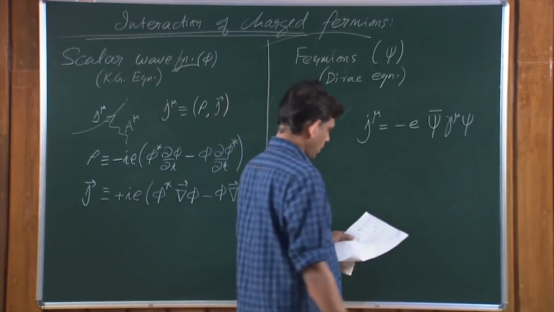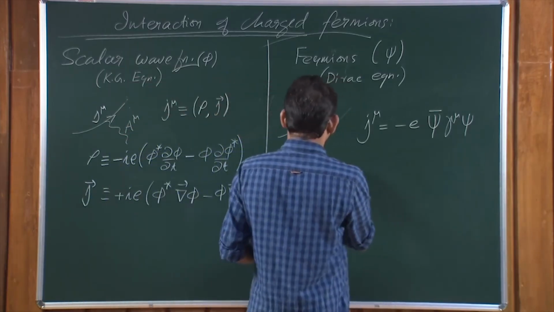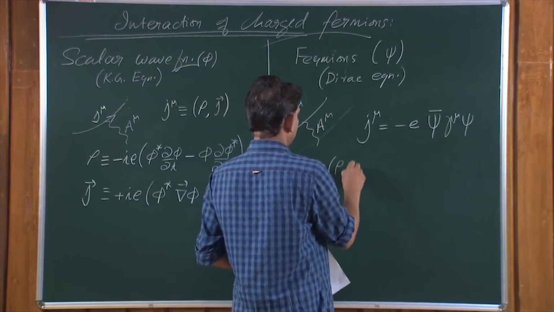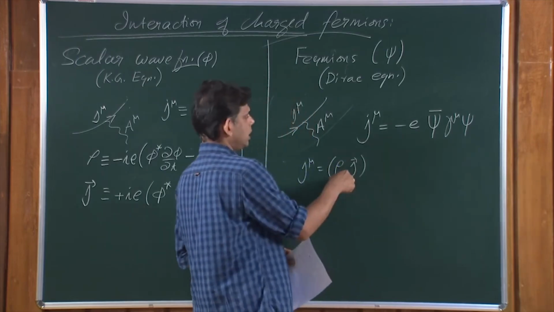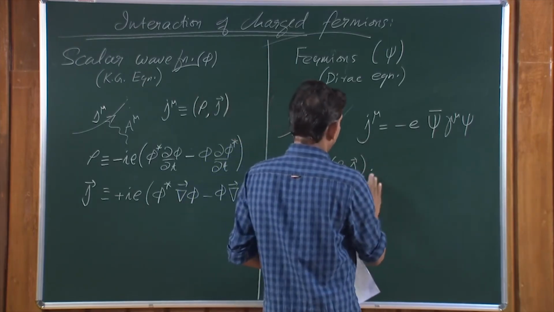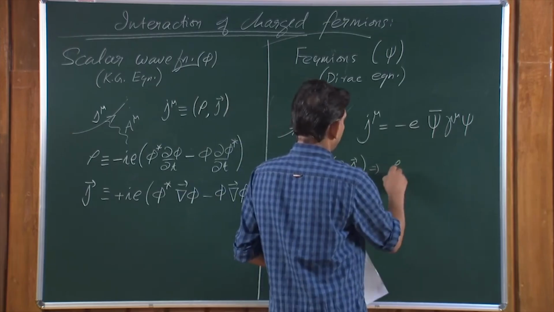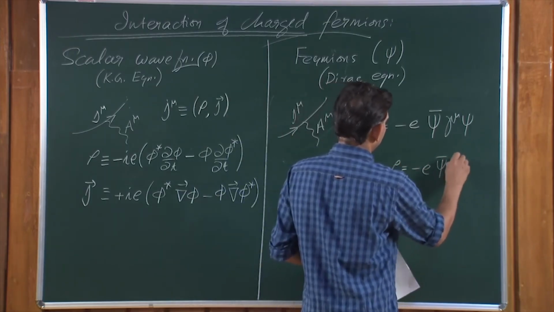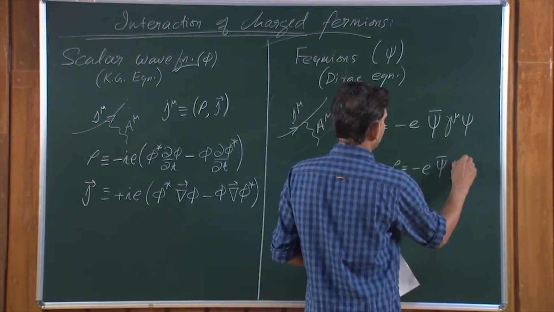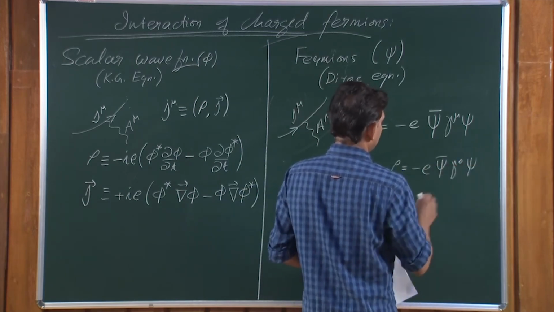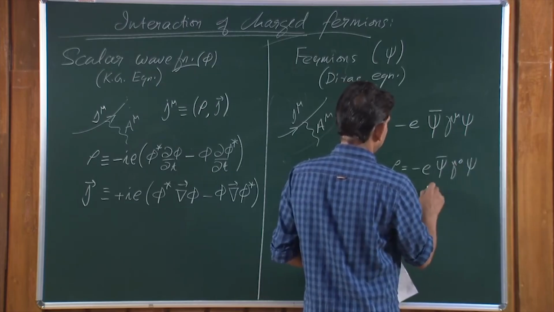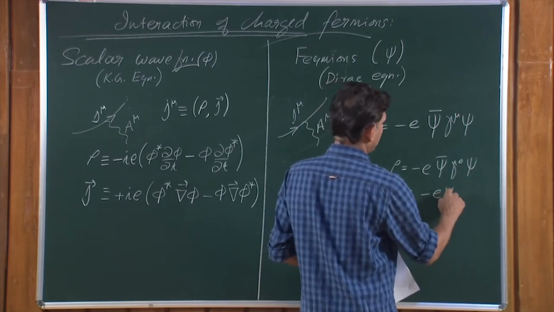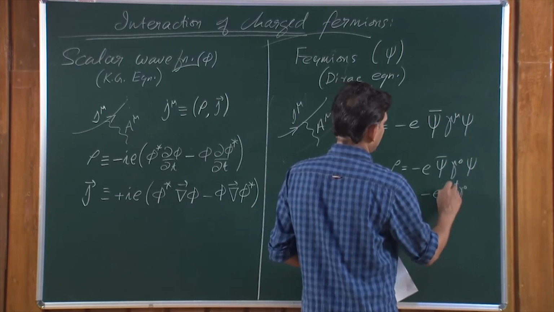Now, this again when we write it in terms of the charge density and current density, we have rho equal to minus E psi bar gamma 0 psi. Okay. This is nothing but minus E, psi bar itself is psi dagger gamma 0. Okay.